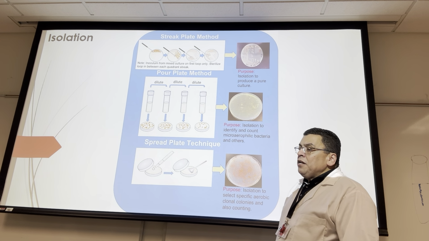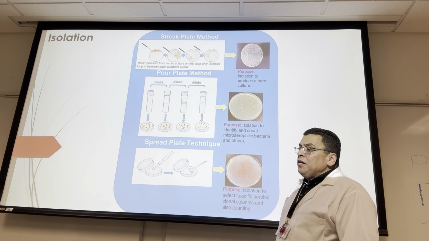Isolation. You already did this. Well, you have it set up, but we'll look at your plates. Remember this? The quadrant streak plate method. I'm not talking about it because you actually did it. But the main purpose of it again is isolation. To go from a mixed culture to a pure culture.